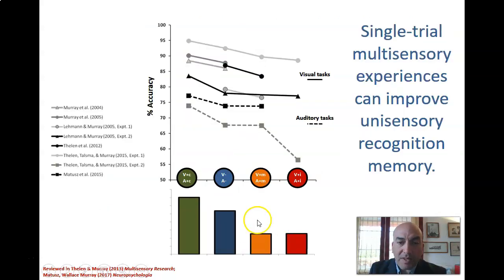What we observe across studies, as well as when the task is either performed in the visual modality or in the auditory modality, is that single trial multisensory experiences can improve later unisensory recognition. That is, a single multisensory event is sufficient for us to take advantage perceptually and behaviorally of the multisensory information to enhance our memory and recognition memory abilities.